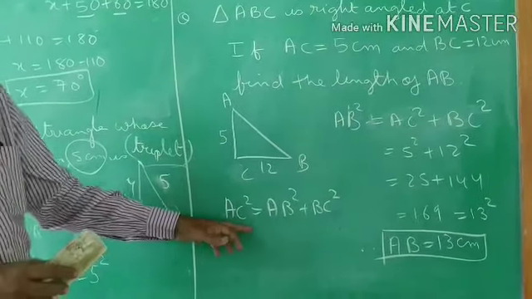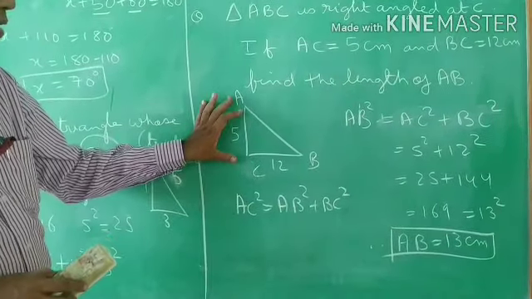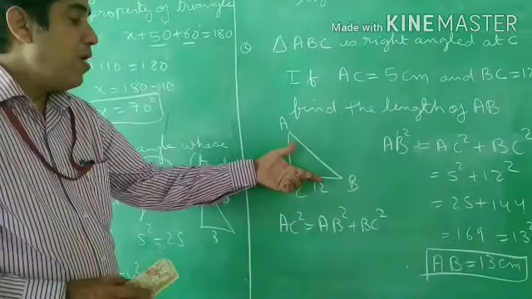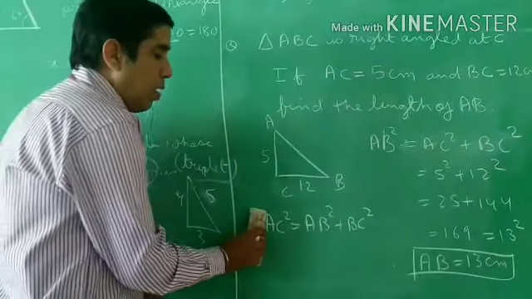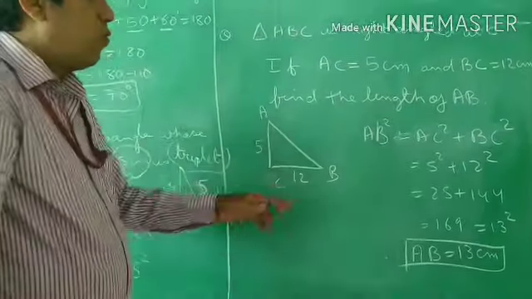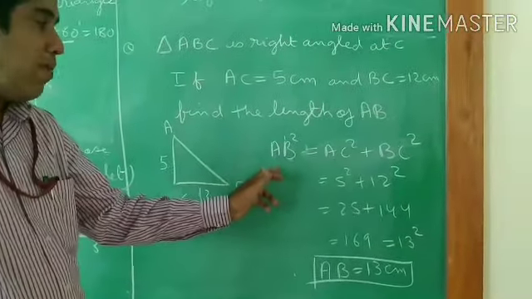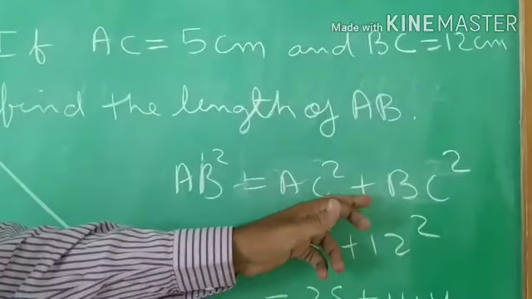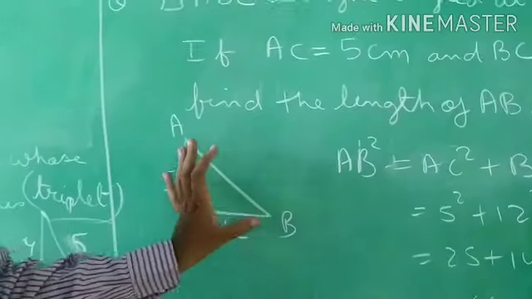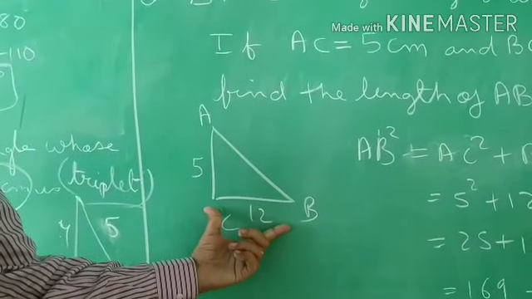Mostly we take AC as the hypotenuse, but see the figure: on the basis of the figure AB is the hypotenuse. So this is wrong. We have to write AB square is equal to AC square plus BC square.